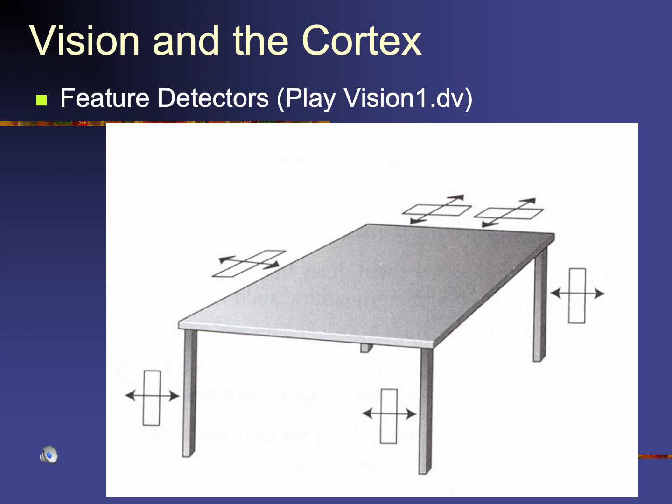I have a movie at the course website called Vision 1, and this movie depicts Hubel and Wiesel's research mapping the neurons that respond to line orientations. So go back to the website and check out that movie.